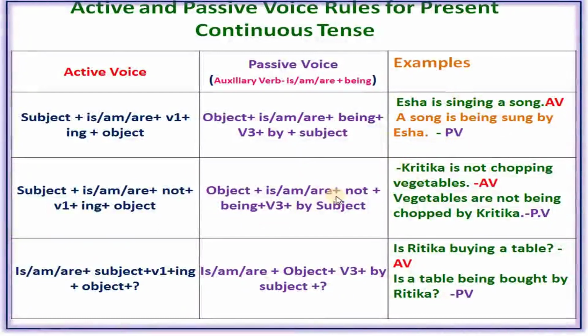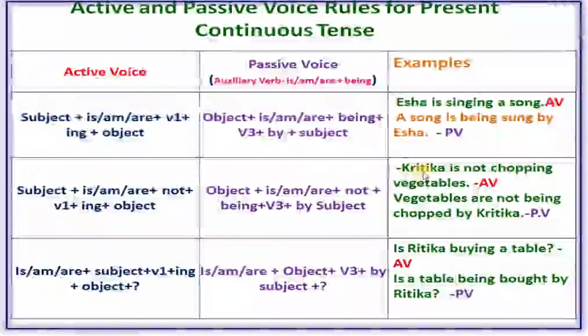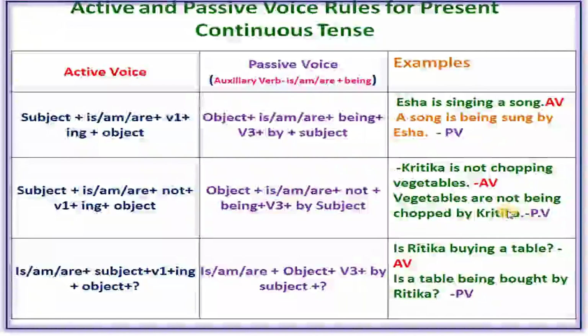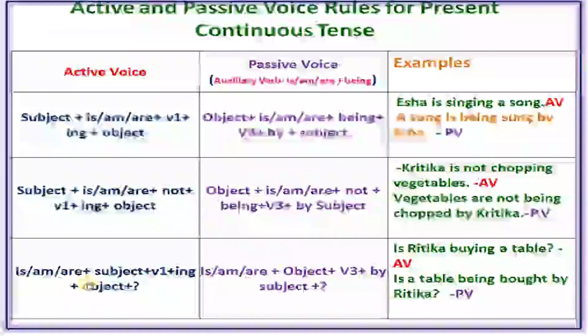Same in negative sentences. Kritika is not chopping vegetables. So in passive form, vegetables are not being chopped by Kritika. Then the interrogative sentence: is, and then auxiliaries plus subject plus V1 plus ing plus object. This is the active voice form.